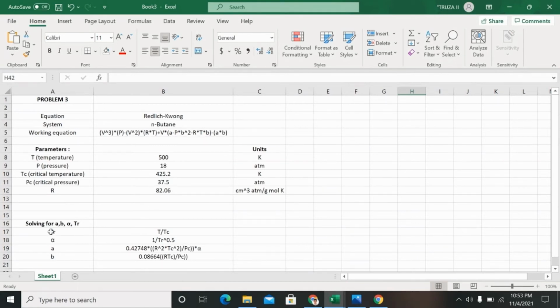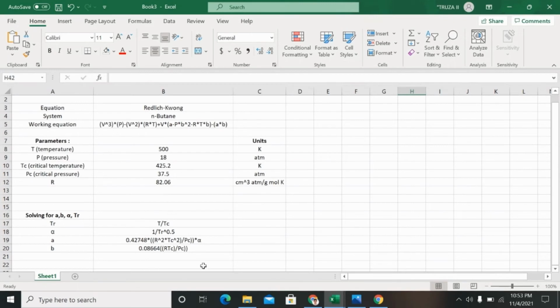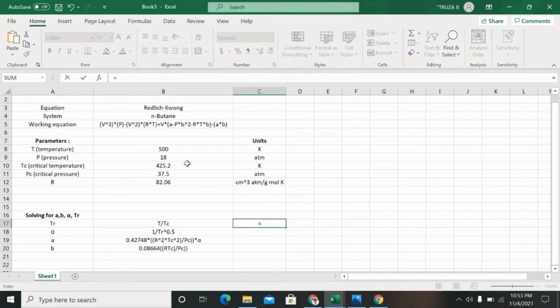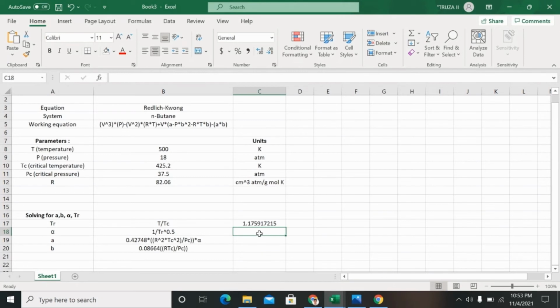So solving for the A, B, the alpha and the TR, these are the equations. TR is equal to the temperature divided by the critical temperature, which is 500 divided by the critical temperature, 425.2, enter, and we have this value.